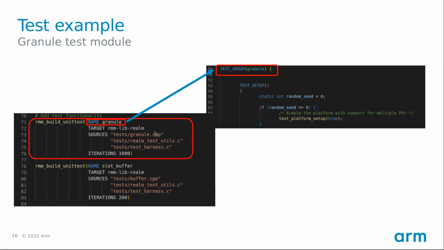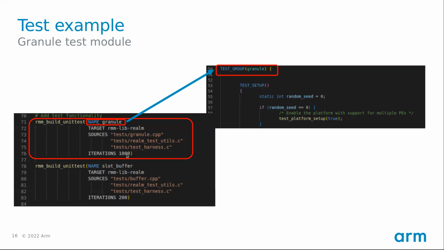Then this is the library where we want to link this test. We are testing a component of the Realm library, so the target will be RMM libRealm. And these are the sources that we need to build for our test: Granule CPP, the test utils, and the test harness.